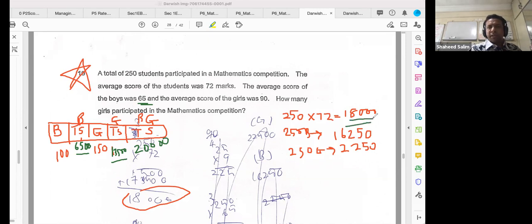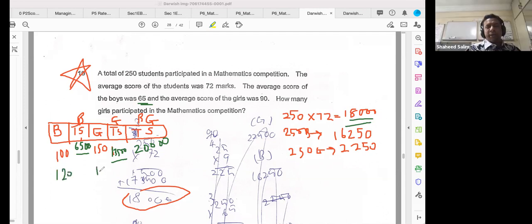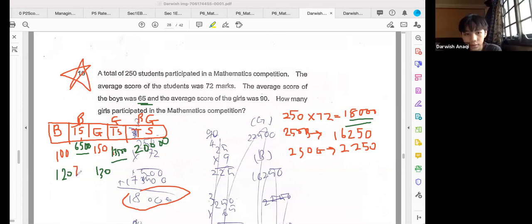Is 20,000 too high? Because your score is 18,000. So you need to reduce the number of girls. So can you guess, increase the number of boys? What number do you want? 120. So down here be 130, yeah? So do the same thing, 120 times 65, what do you get? 7,800.